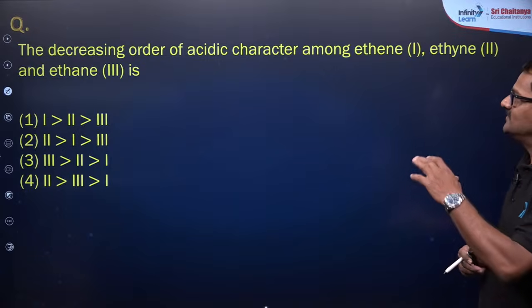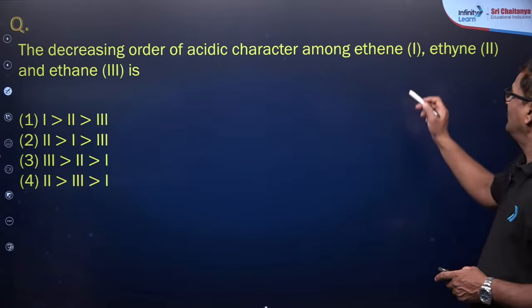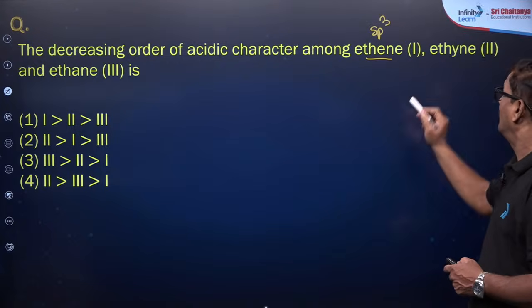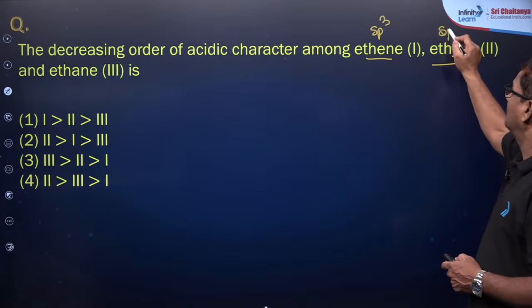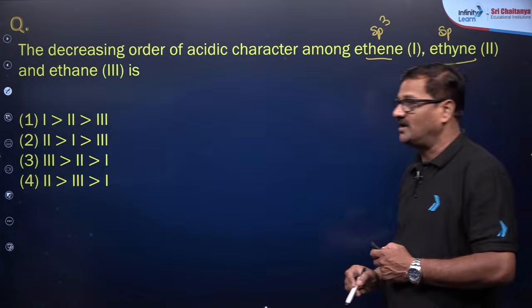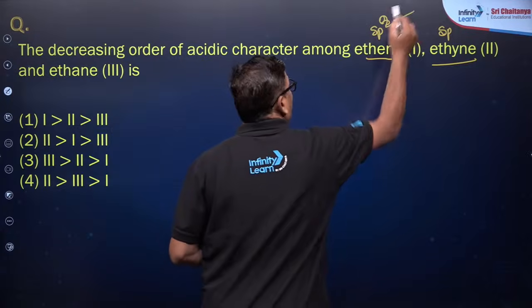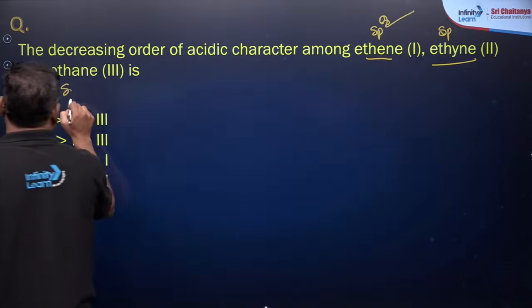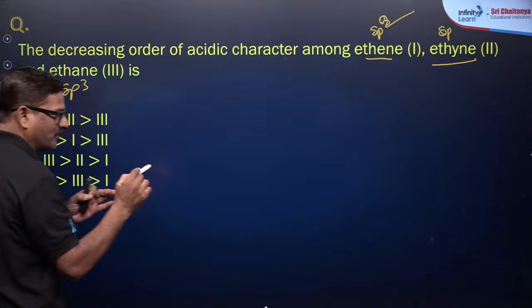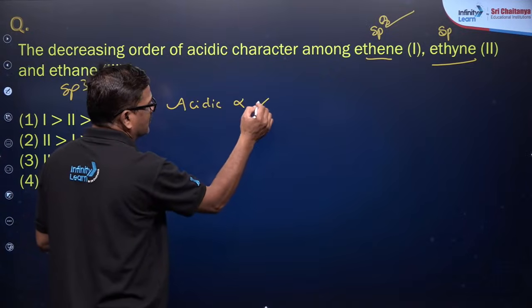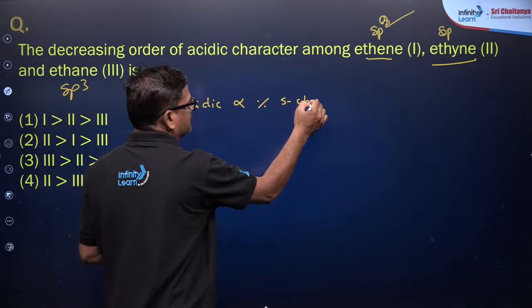Now, here is decreasing order of acidic strength. Ethane, the alkane carbon, is sp3, ethyne, the alkyne carbon, undergoes sp, and ethene, the alkene carbon, is sp2. So, acidic strength is directly proportional to percentage of s character.